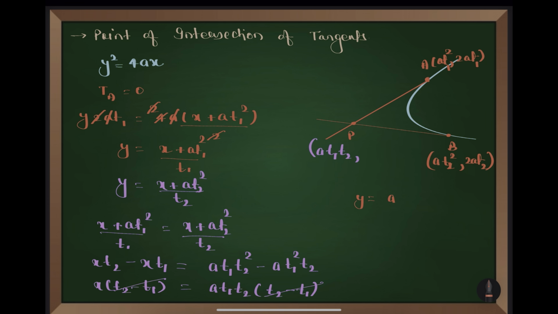In place of x, can I write (a t1 t2 plus a t1 square) by t1? Now I can divide both things by t1, so I can take a common, so t2 plus t1. Now can I write a (t1 plus t2)? Okay, this is the y coordinate.